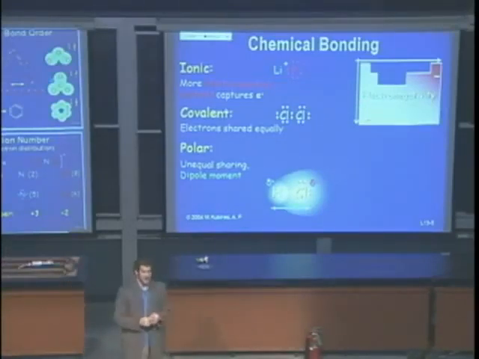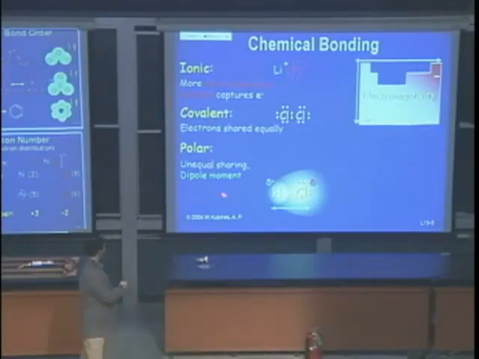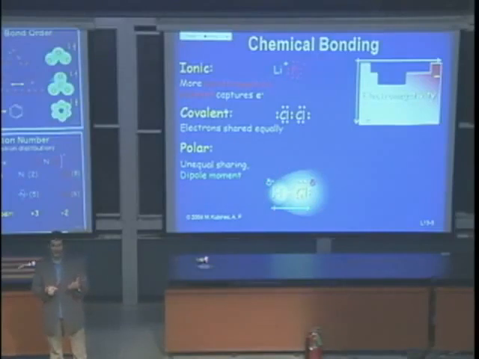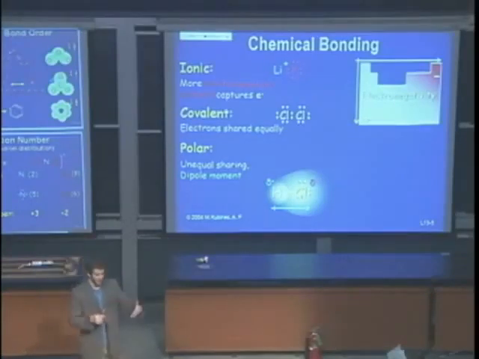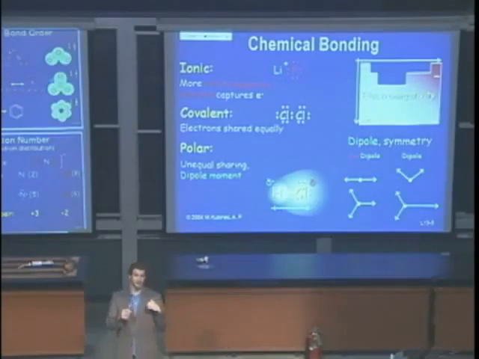Now, for the diatomic, the dipole of this molecule is the same as the bond dipole because there's only one bond. But as we move to 2, 3, 4 atoms in our molecule, we have to work with the bond dipoles to figure out the molecular dipole.